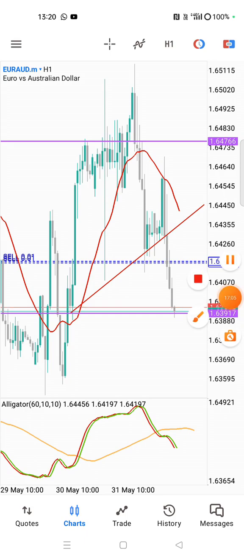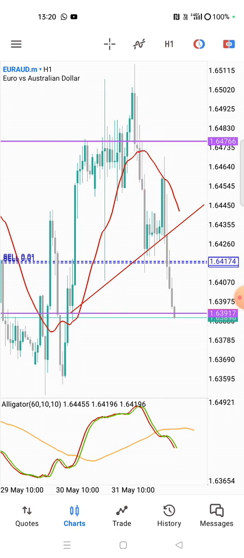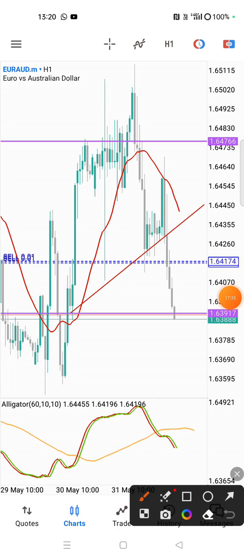Number one, this moving average, this candle has crossed down this 20 EMA, but then this was last night. Okay, I'm in the H1 time frame. But by the way, the H1 is the best time frame to use for this strategy. Okay guys, remember, H1 is the best time frame to use for this strategy.